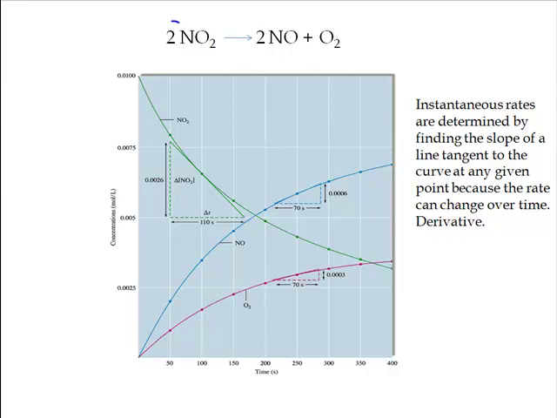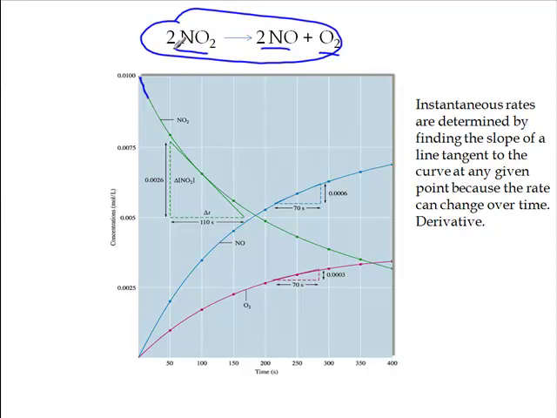I've got nitrogen dioxide decomposing into nitrogen monoxide and oxygen, and as the reaction proceeds, and that's designated by this green line right here, as the reaction proceeds, you can see that through time it is decreasing. The concentration is decreasing. All right, but at the same time, what's happening is this NO and this O2. As NO2 is decreasing, these two are increasing, which hopefully makes sense.